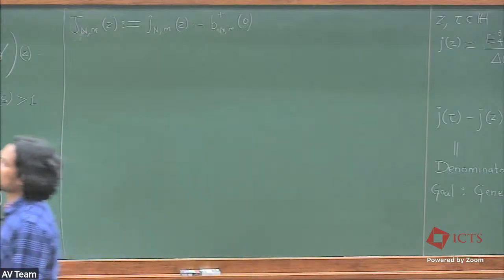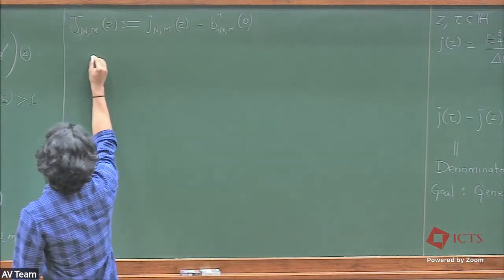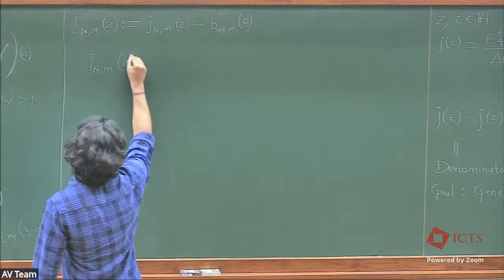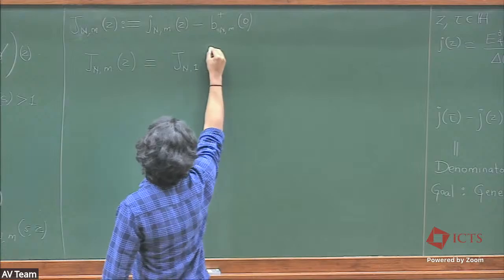Now the next goal is to show that there is a Hecke operator under which these J_n functions satisfy the following relation.